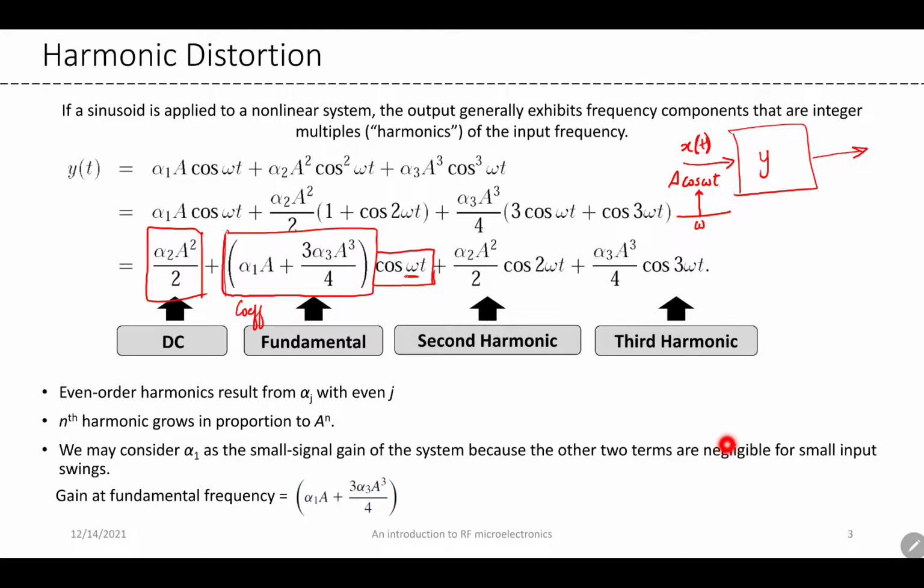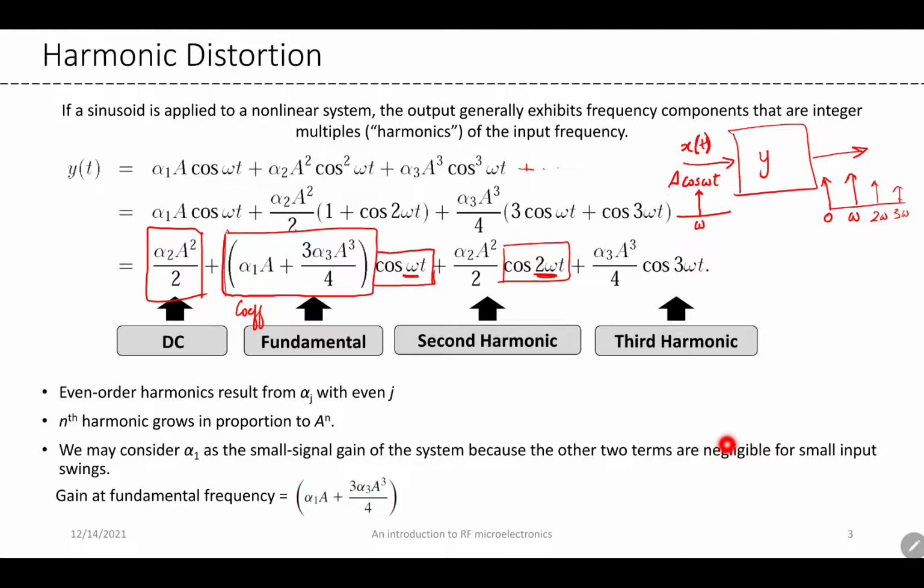The output has a component at omega, and another component at a frequency of 2 omega. So I have a component at 0, which is DC, a component at omega, another at 2 omega, and 3 omega. Now this is a third order system, that's why we are limiting ourselves to 3 omega. It can go on and you can have many other components.